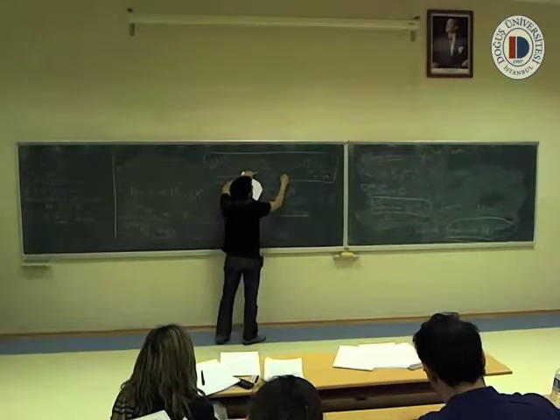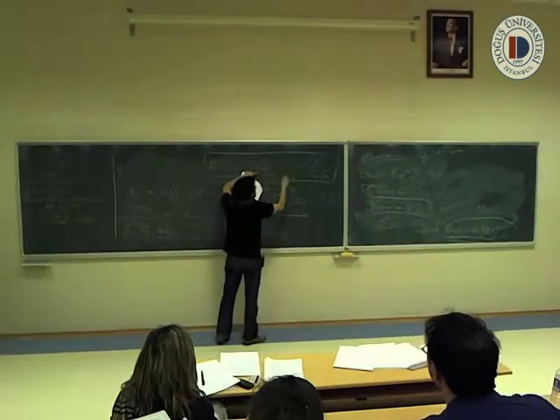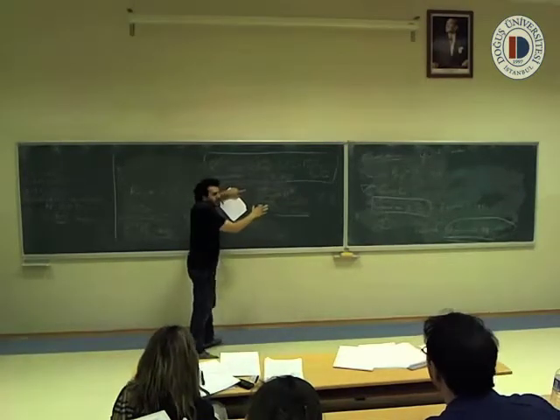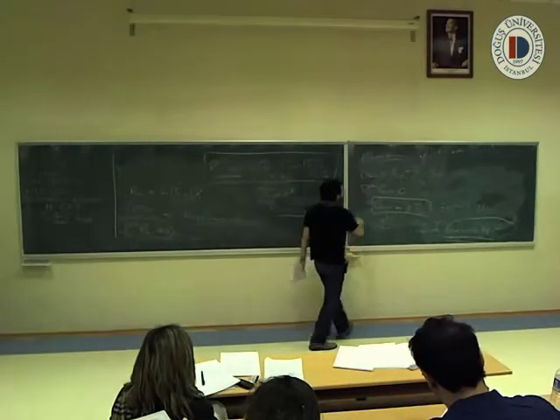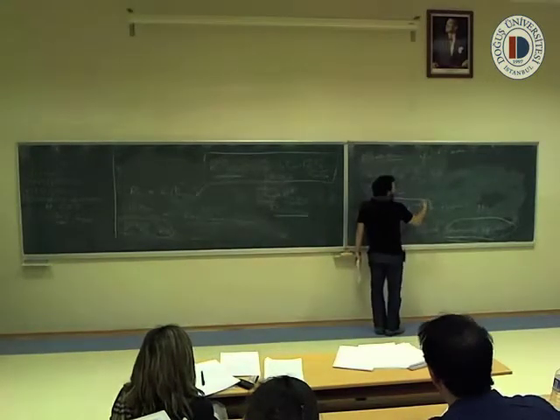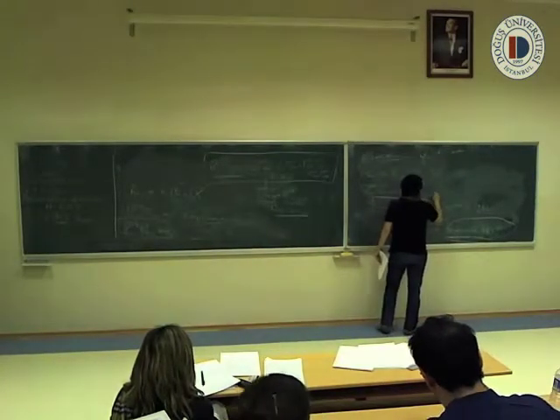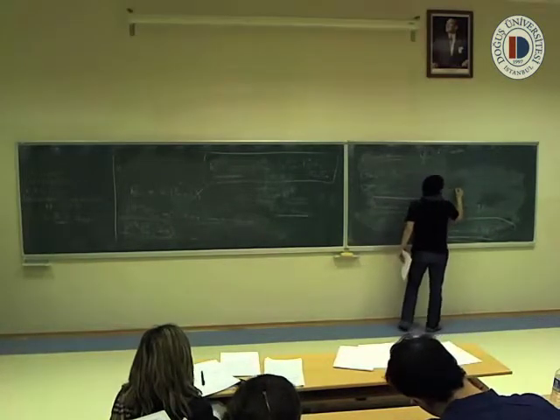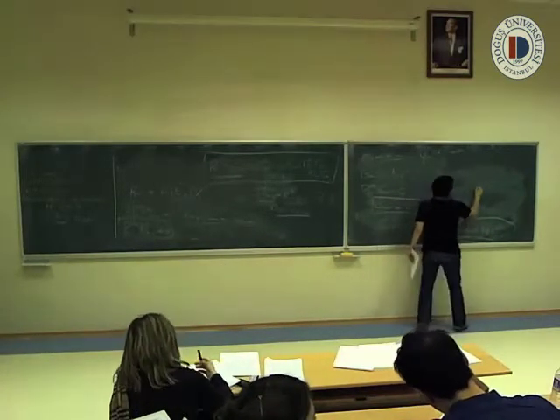There's one G upstairs, and derivatives of G downstairs. So this is an extremely complicated equation. It is a nonlinear differential equation. Even if you set this to 0, there are many non-trivial solutions.